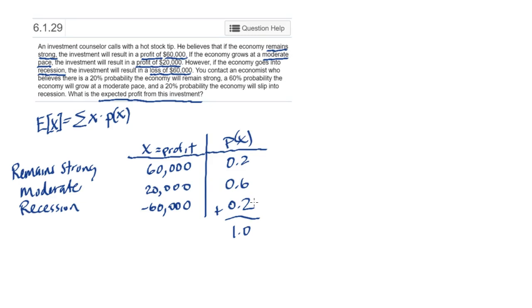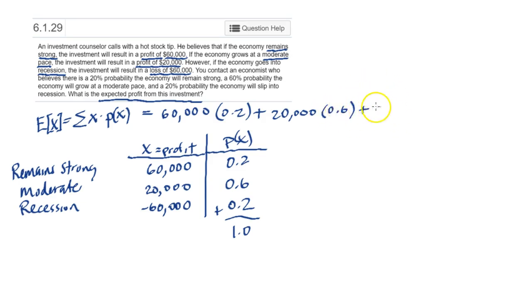Okay, so just a quick check. Not really needed here, but notice that we would use this equation, and to use this equation, we want each of the x values multiplied by the respective probability. So we would have 60,000 times 0.2 plus 20,000 times 0.6.